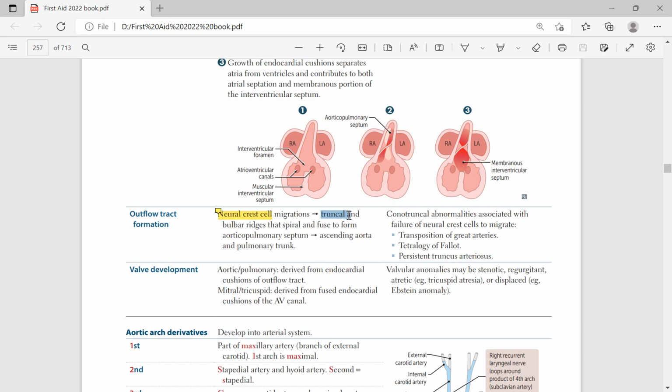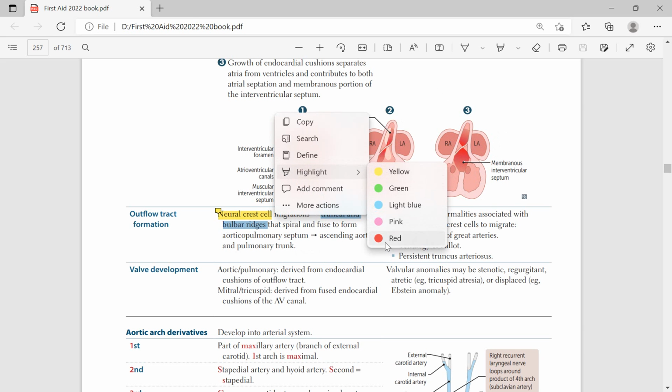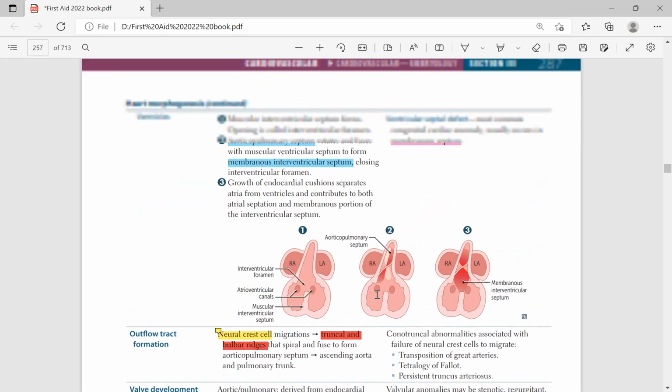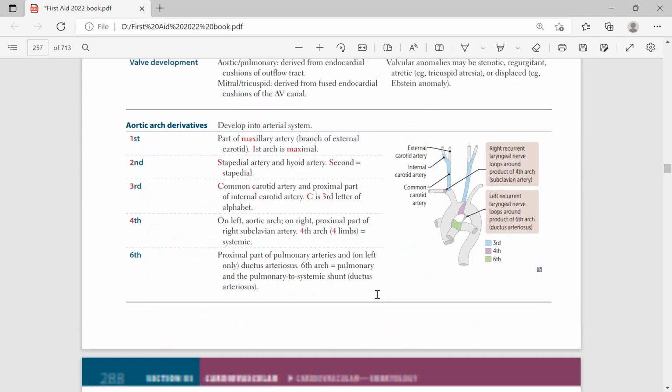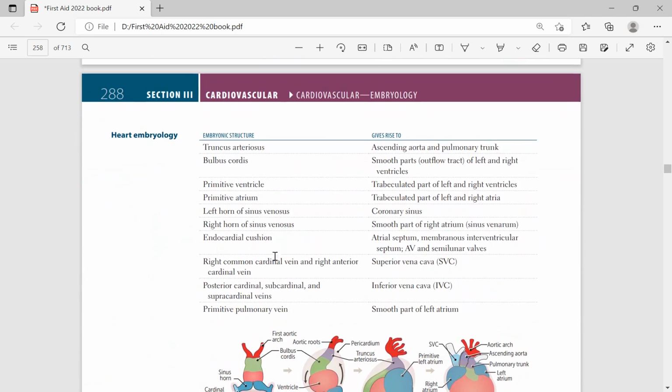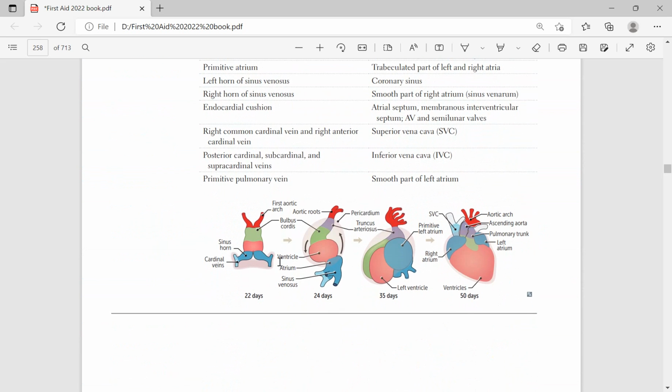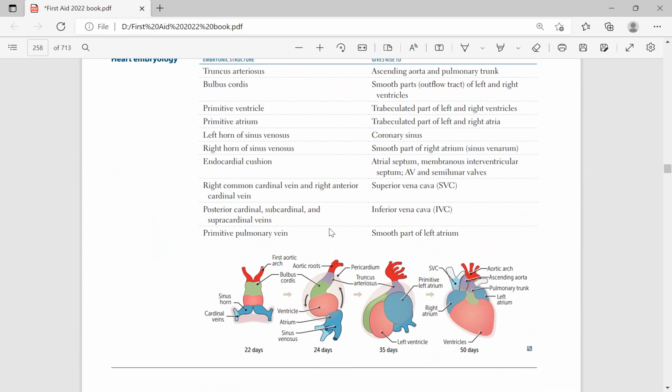So, what is the truncal and bulbar ridge? We'll find it here. This is the bulbus cordis, and this is the truncus arteriosus, with the ridge in here.